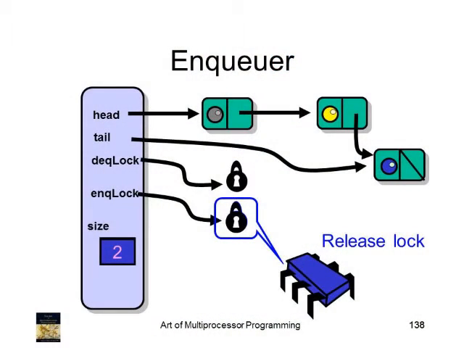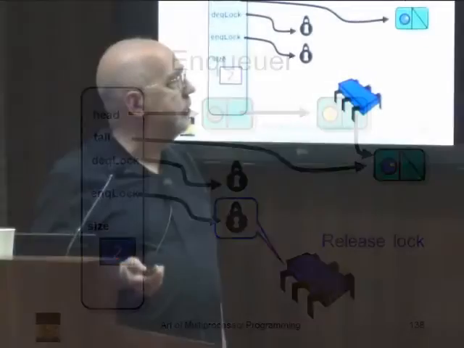So the lock doesn't protect the counter. One pitfall of using locks is that the connection between locks and the data is a matter of convention. And you have to be careful that you understand that convention. Then you release the lock and go about your business.